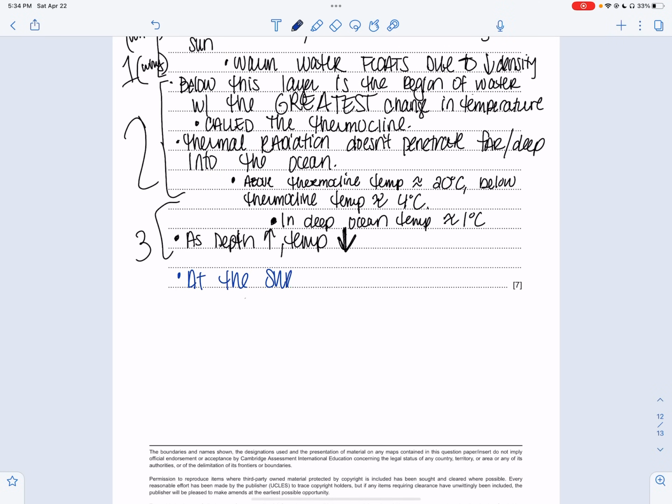At the surface, we gotta talk about the layers. The water can be diluted. And I'm only answering for a traditional temperate ocean, not for the tropics.